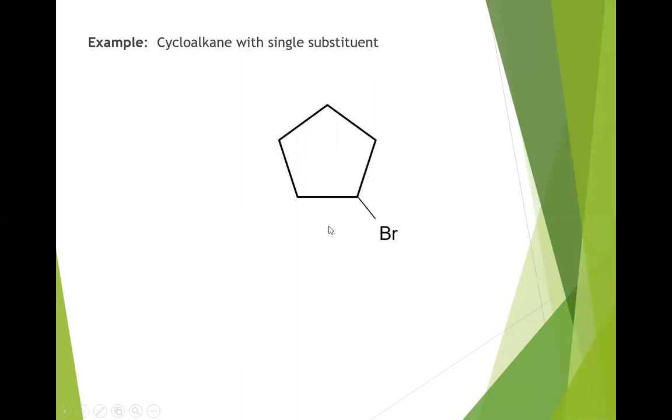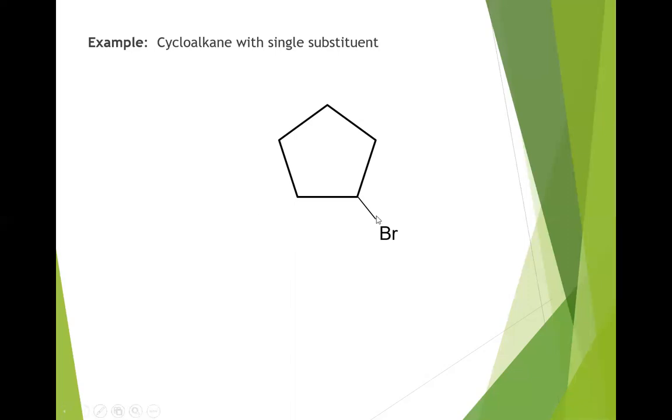So now it has a substituent attached to it, bromine. So what do you think could be the name for this? Simple. Since there are 5 carbon atoms, it is pentane, and they are cyclic in nature, that means cyclo, cyclopentane, because it's cyclic.